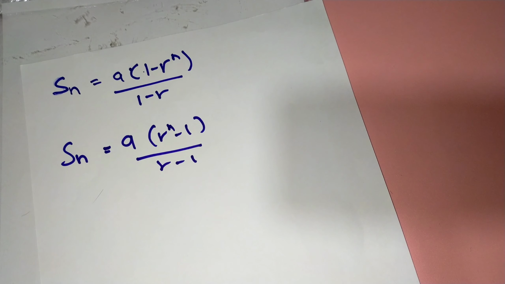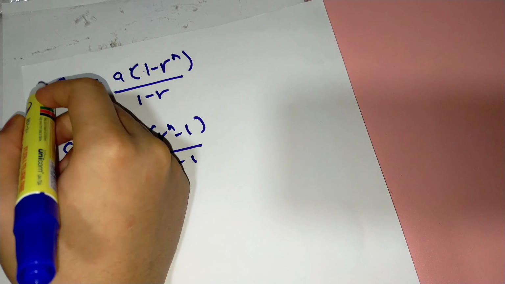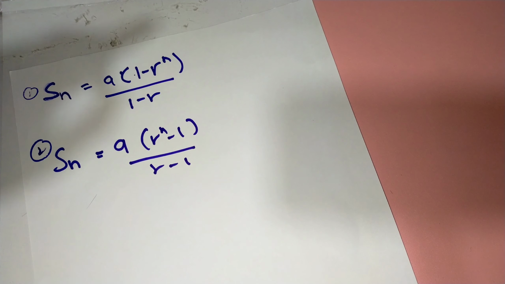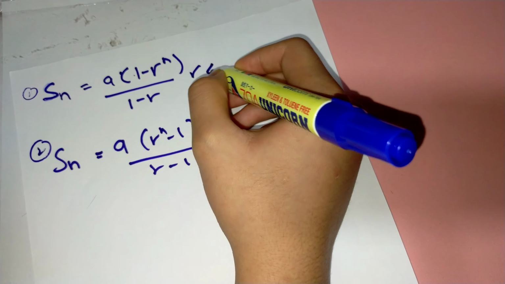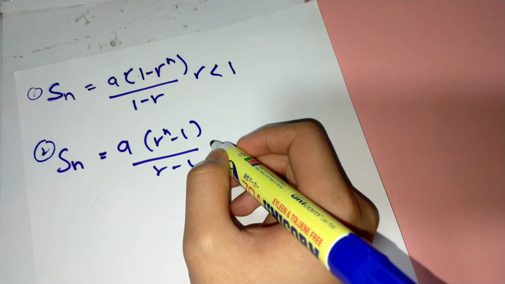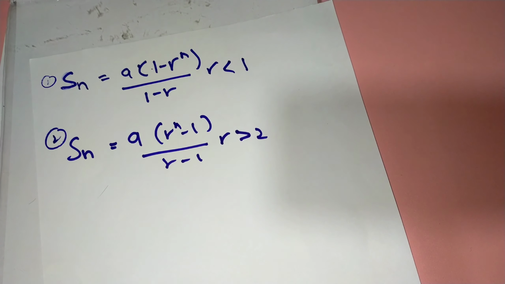You can see the difference between the first and second formula. They have the same idea, which is to find the sum of the terms, but they are used differently. For the first formula, R must be lower than 1, and for the second formula, R must be greater than 1.